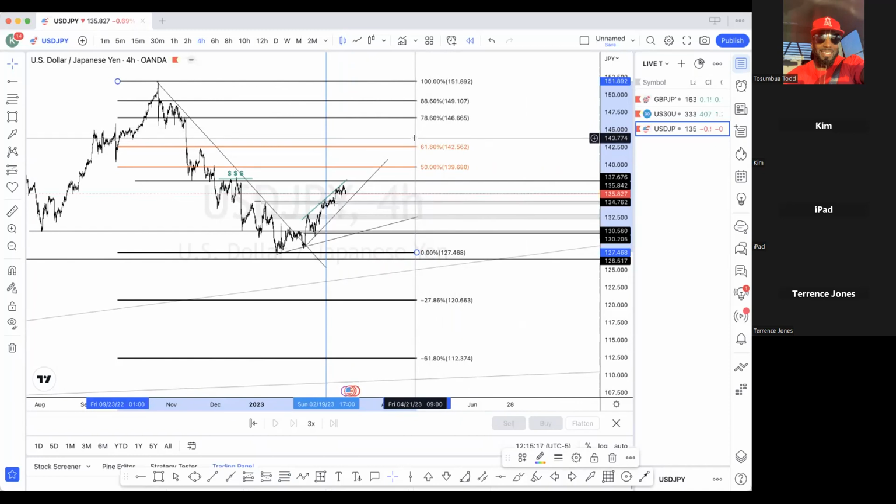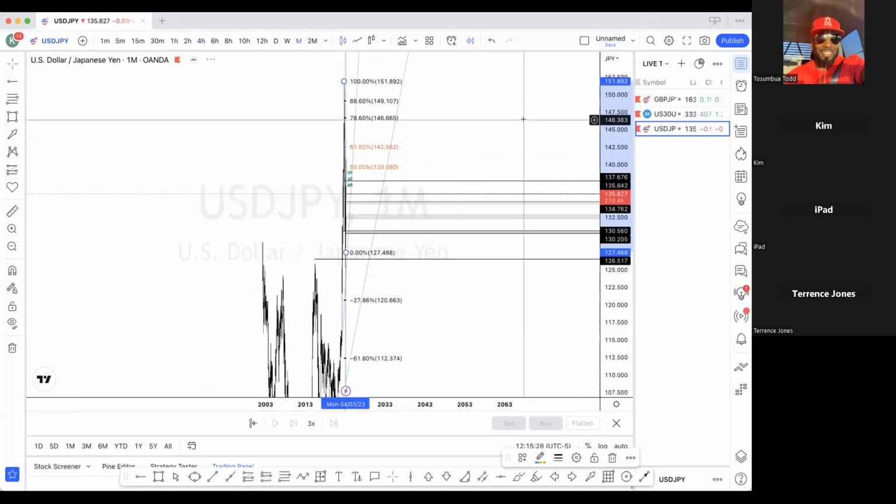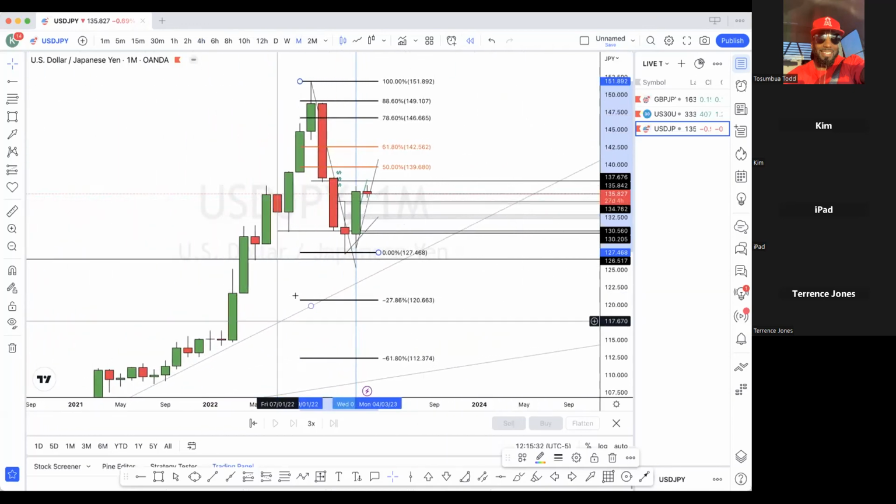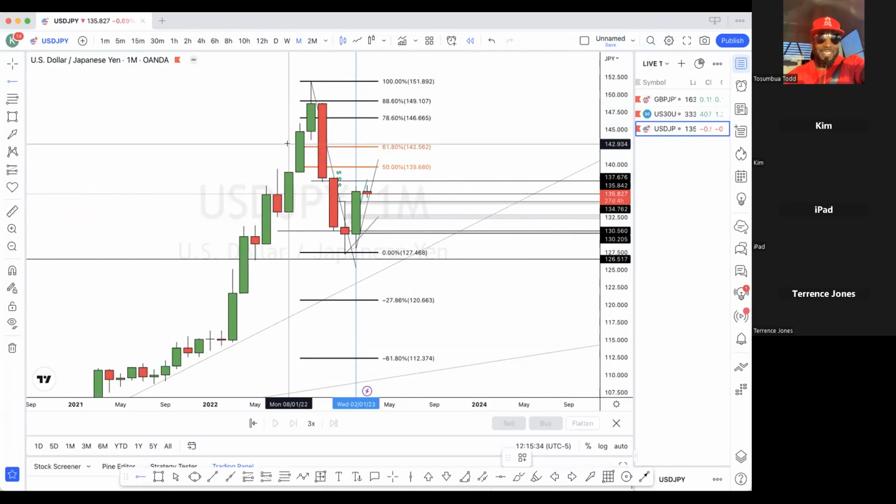That's the bottom of the monthly order block. That's where it needs to go. And that's about your 78.6 if you fib it from the top to the bottom. You see, if you fib from the top, because the move came down, right?